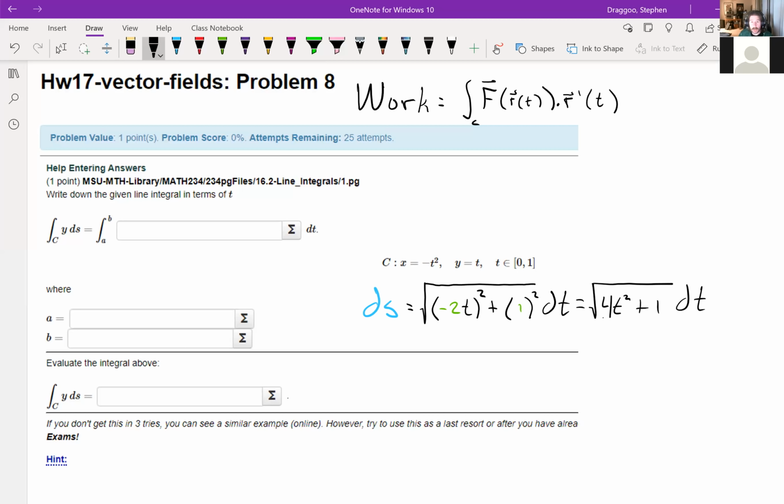Then I had what? Y times ds. I know ds now. I know that y is t. So plugging some stuff in up at the top, this thing looks like t times the square root of 4t squared plus 1. And the dt is already there for us. Cool. Where a and b are going to be 0 and 1.